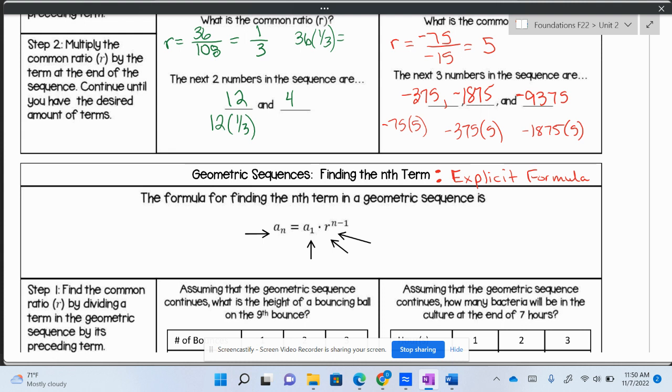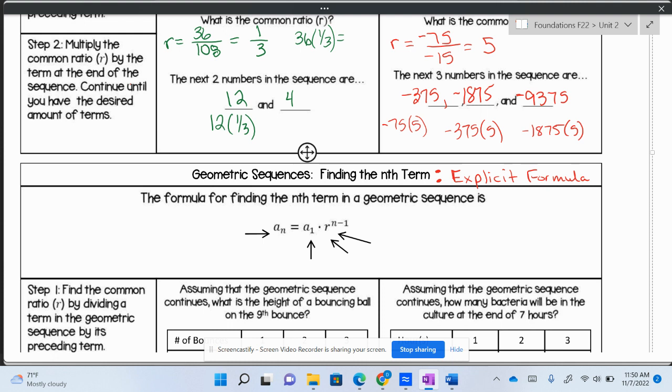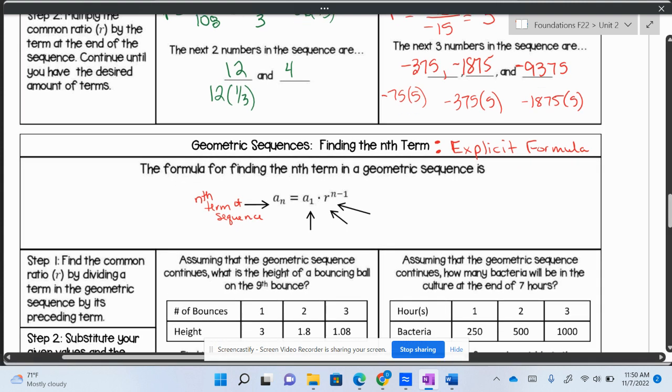So let's talk about what all these numbers mean. So a to the nth is just the nth term of the sequence. Nth is whatever number.